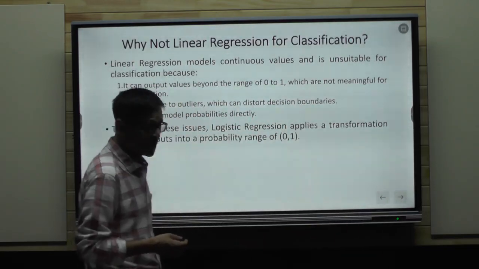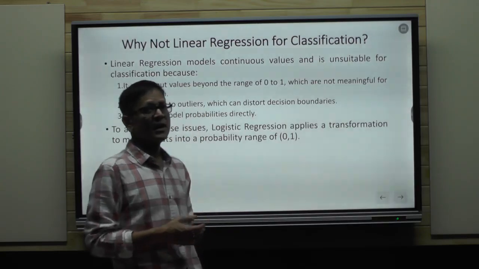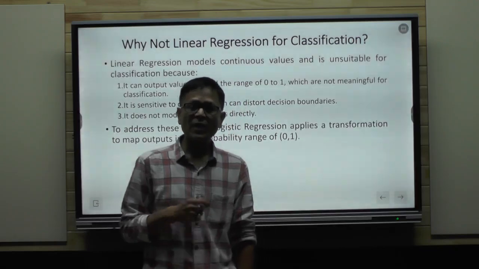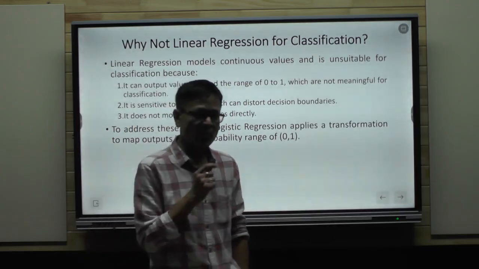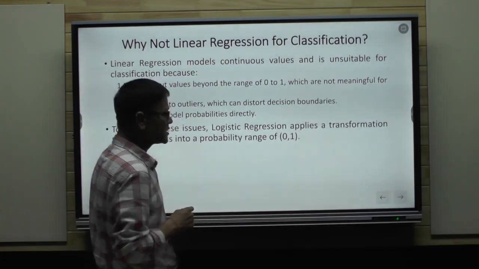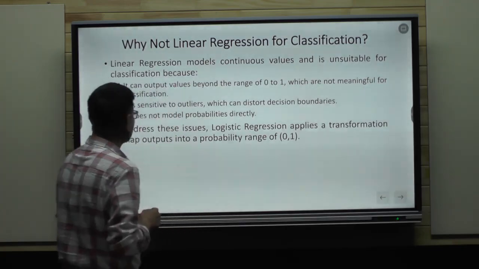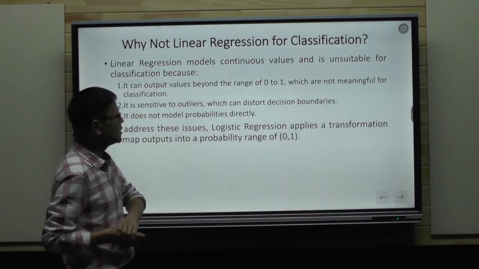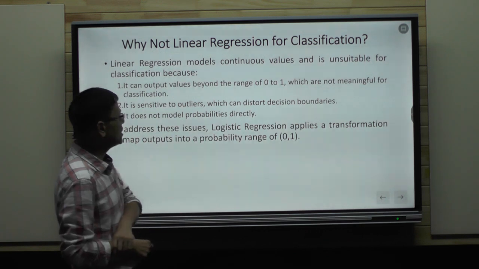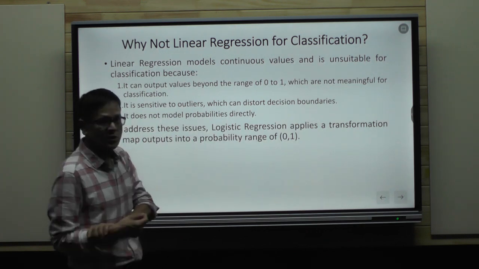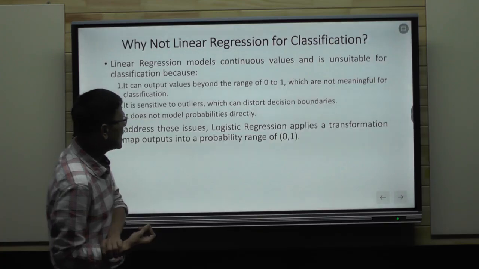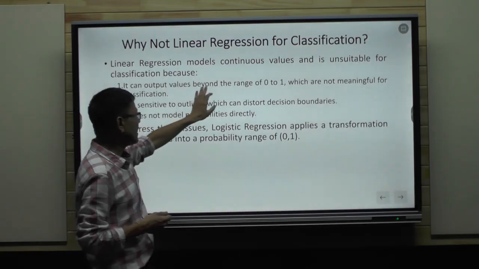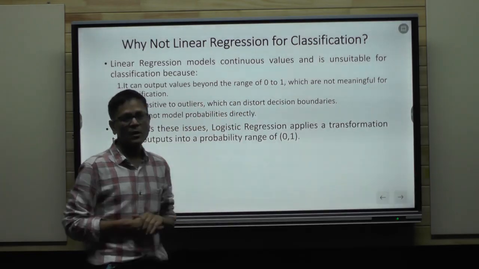Now the first and foremost thing that comes to mind is that we have a simple regression model, so why do we need a logistic regression model? This slide answers this question. The linear regression model uses continuous values and is unsuitable for classification because it can output values beyond the range of 0 and 1.